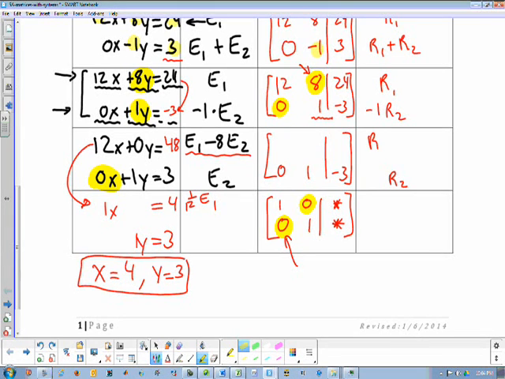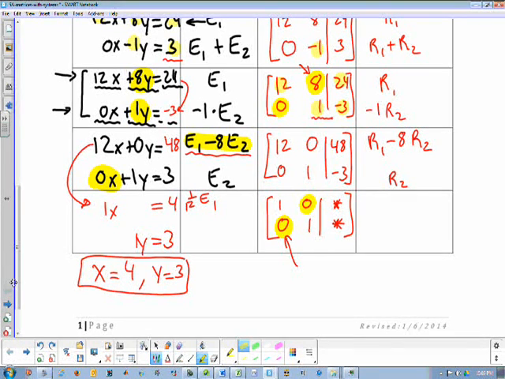That's exactly what we did over here, so we don't have to mess with the x's and y's. 12 minus 8 times 0 is just 12. 8 minus 8 times 1 is 0. 24 minus 8 times negative 3 gives us 48.